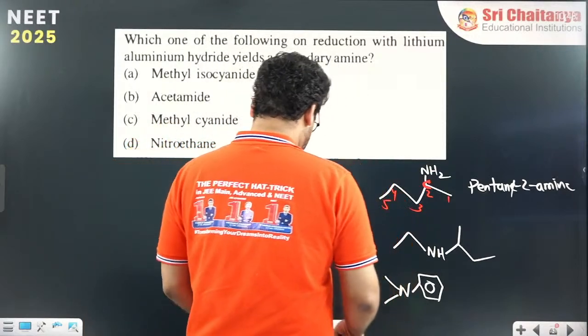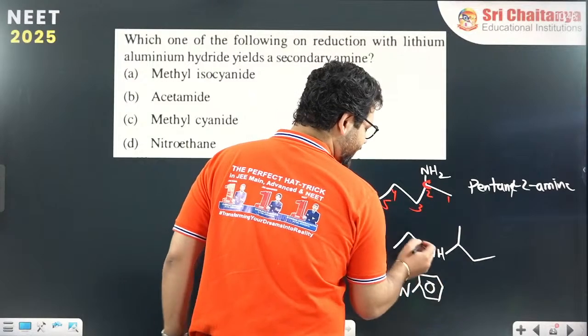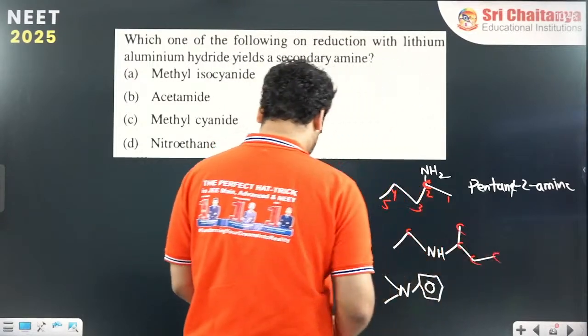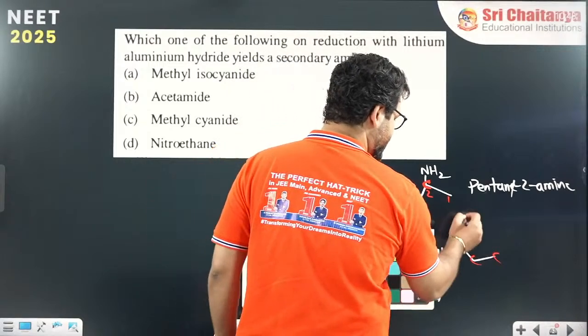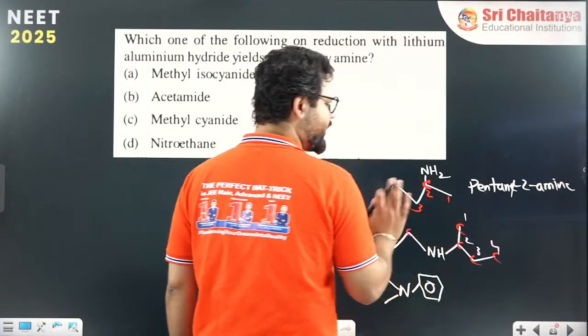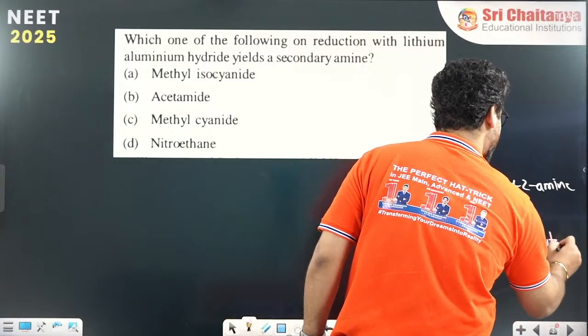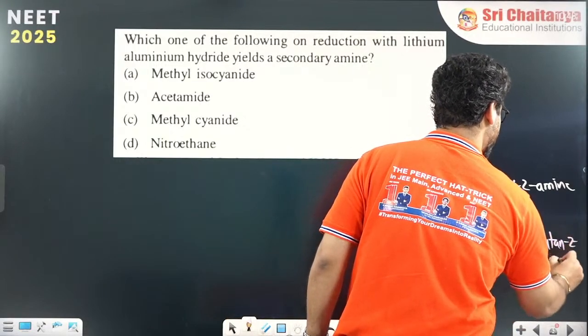Here also just think, if I take this side, I can only take 2 carbons in the parent chain. Here I can take 4 carbons. So I'll take 4 carbons in the parent chain. It is 1, 2, 3, 4. It is butane 2 amine.